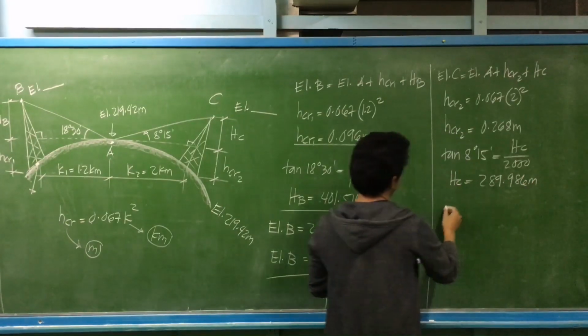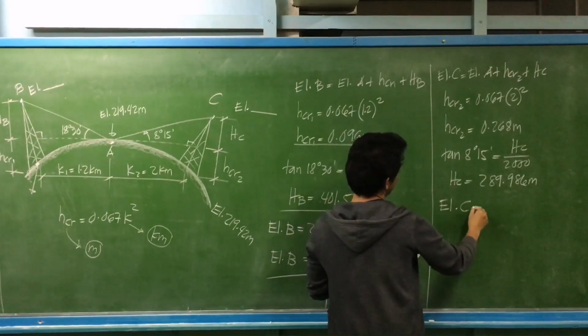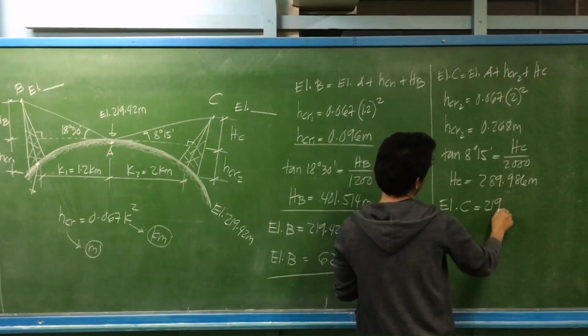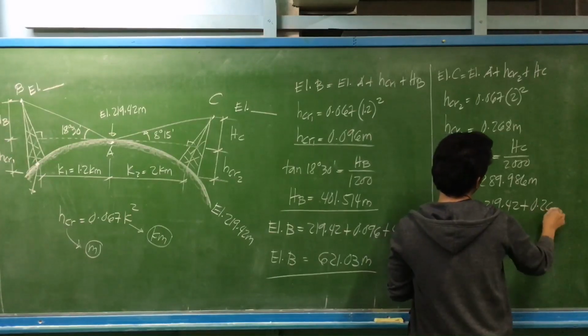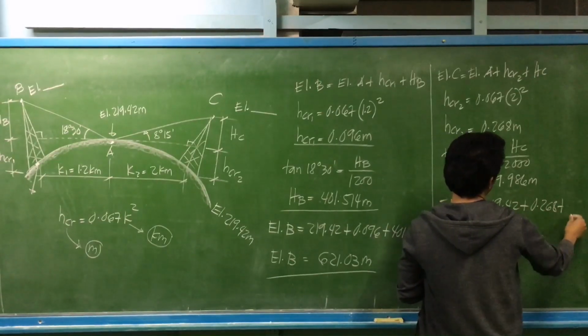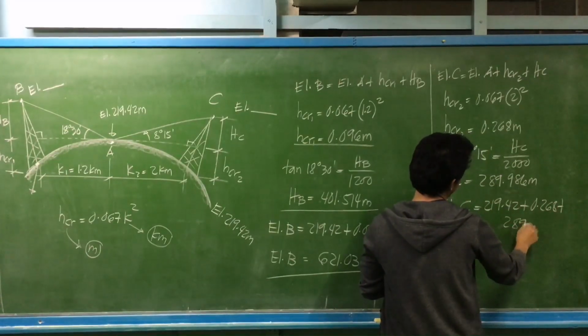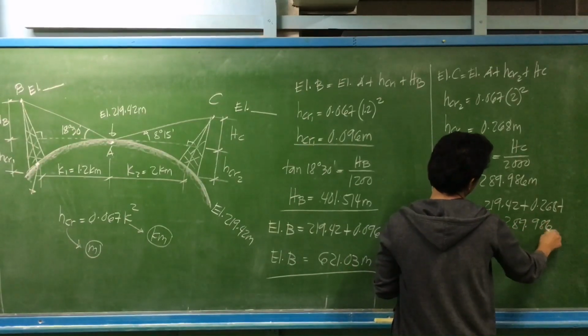So you have h sub C is equal to 289.986 meters. So we'll be having the elevation of C is now equal to elevation of A, 219.42, plus the error, 0.268, plus 289.986.